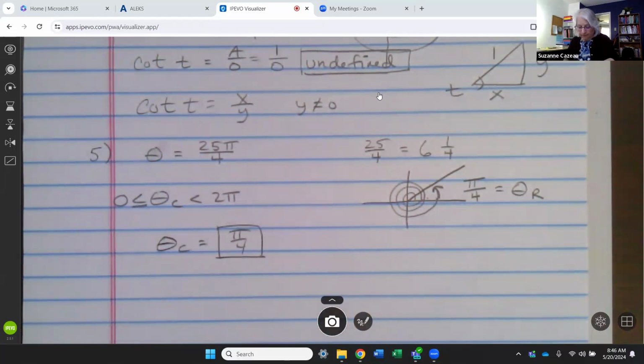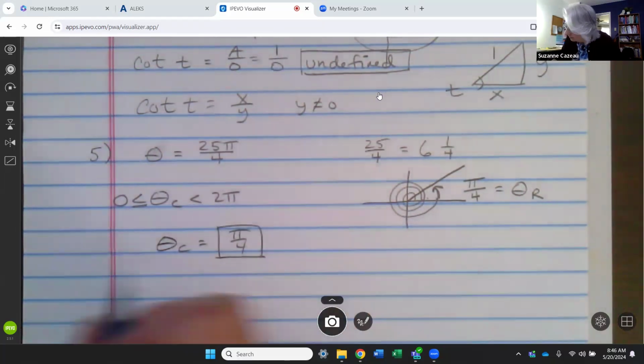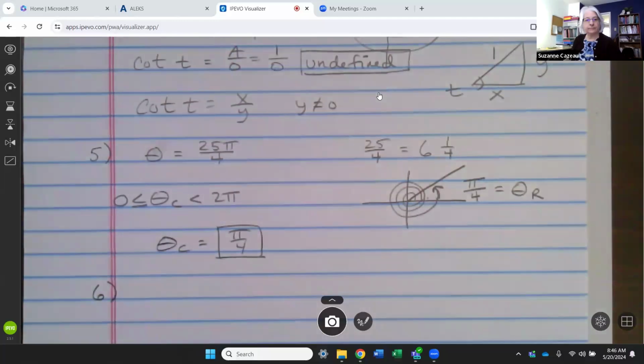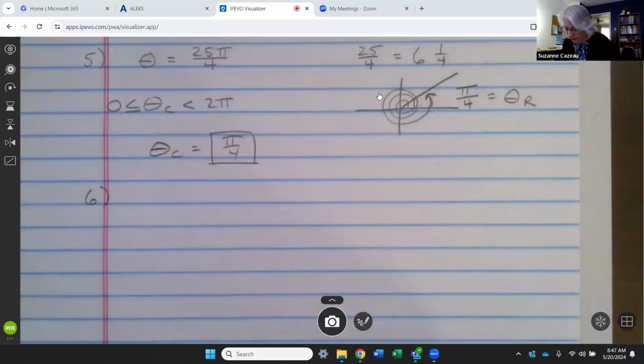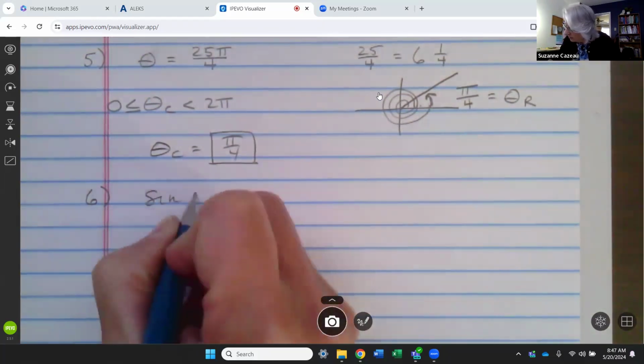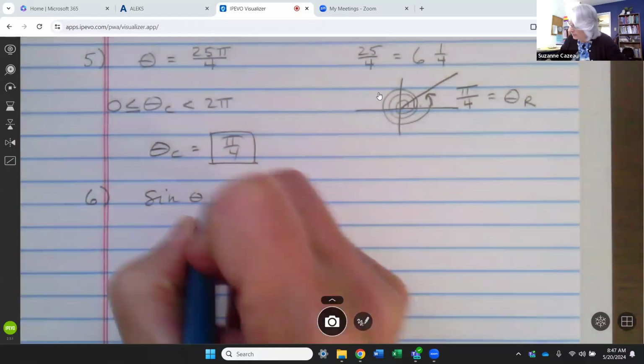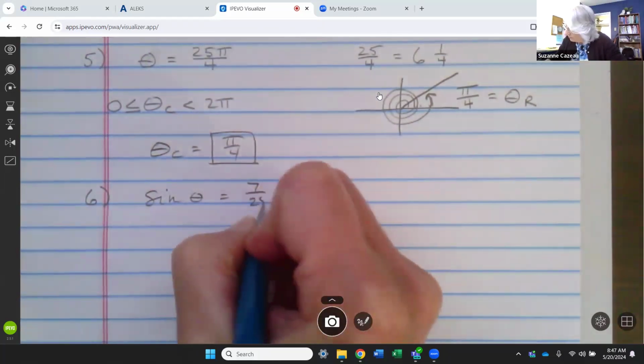What we got? Number 6. Given a function value of an acute angle, find the other 5 trig function values. Sine of theta is 7 over 25.